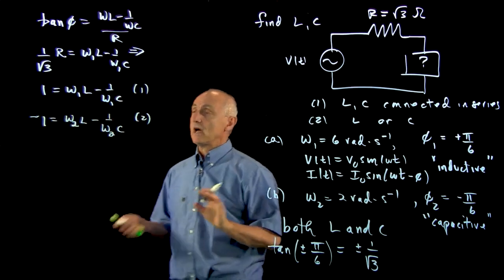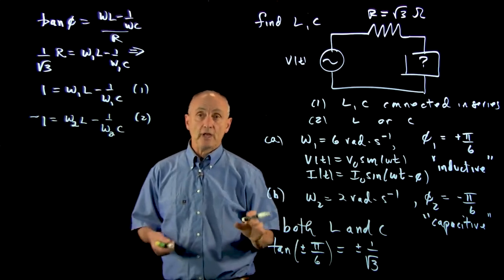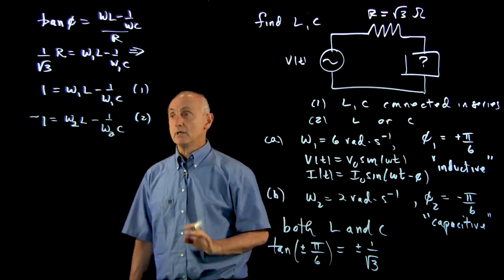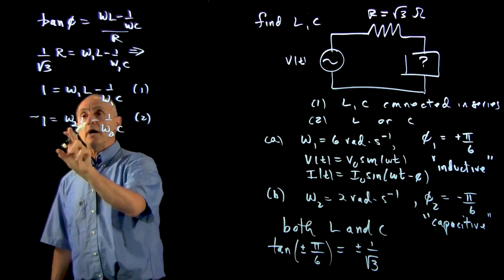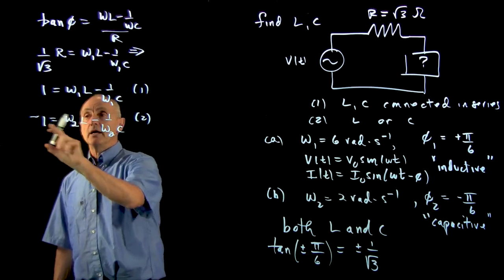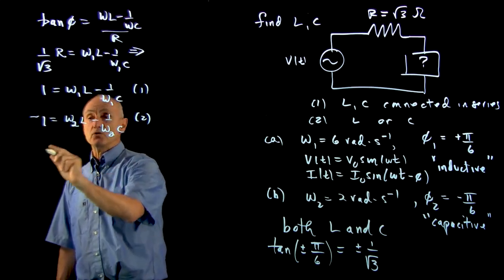And now you can see I have two equations and two unknowns, and I want to solve for L and C. So I'll set these two equal by multiplying both sides by minus 1.